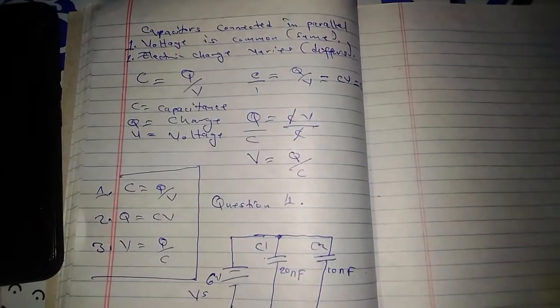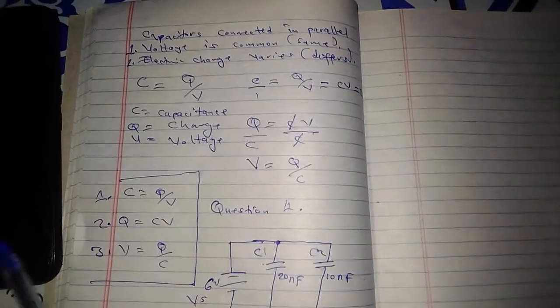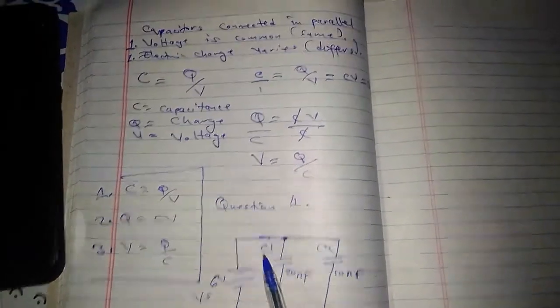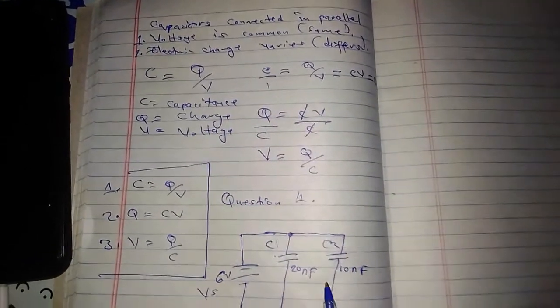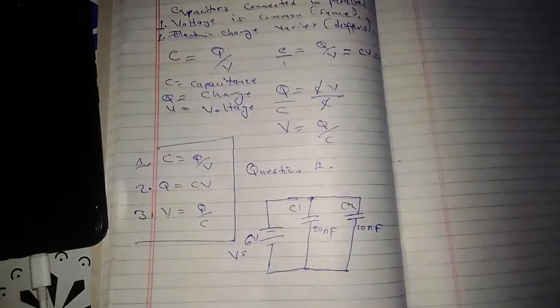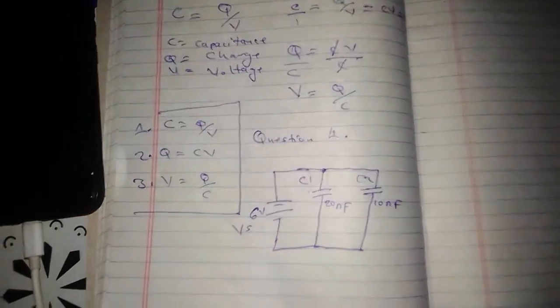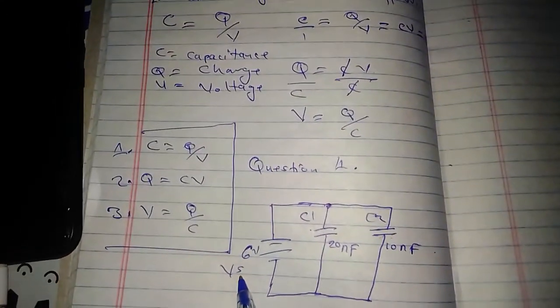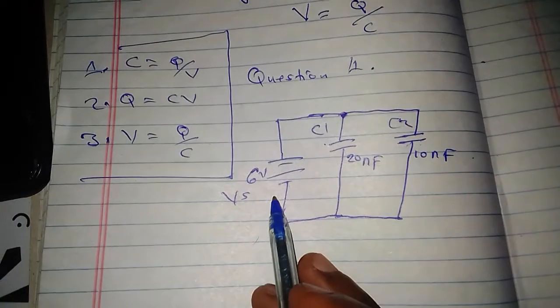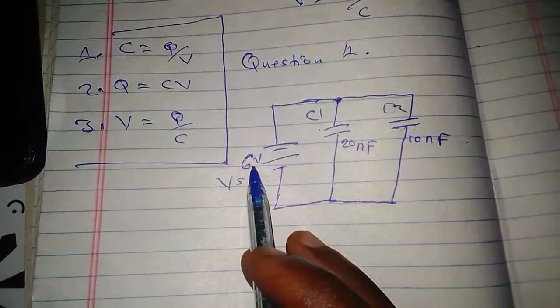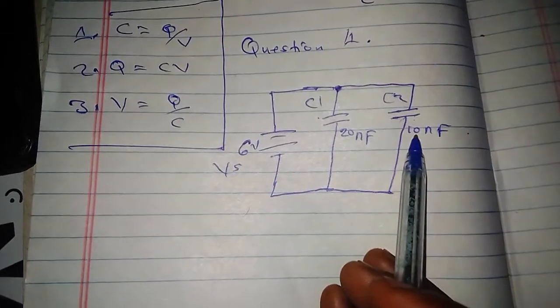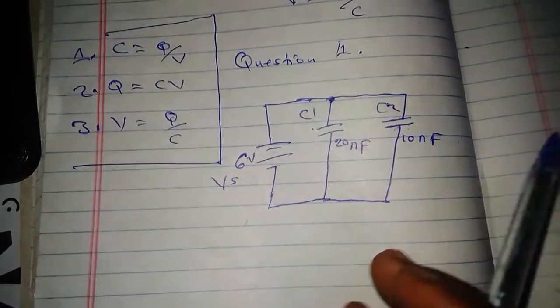Here they are 2, so it is the summation of capacitor 1 and capacitor 2 to get your total capacitance or equivalent capacitance. The supply voltage is 6 volts. C1 is 20 nanofarad. C2 is 10 nanofarad.